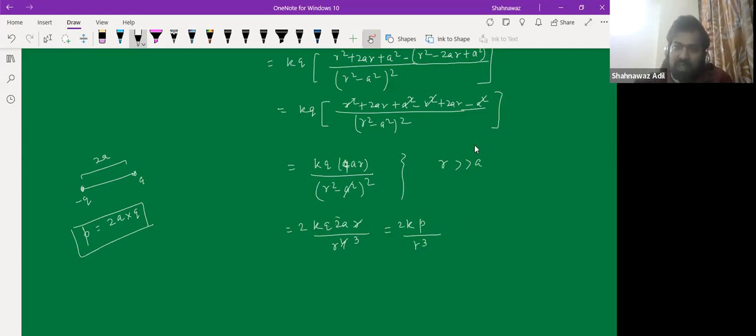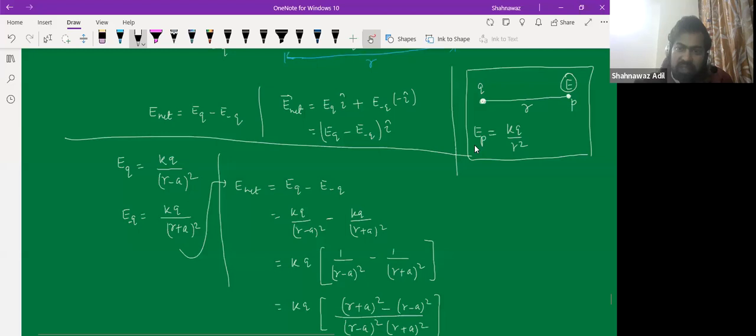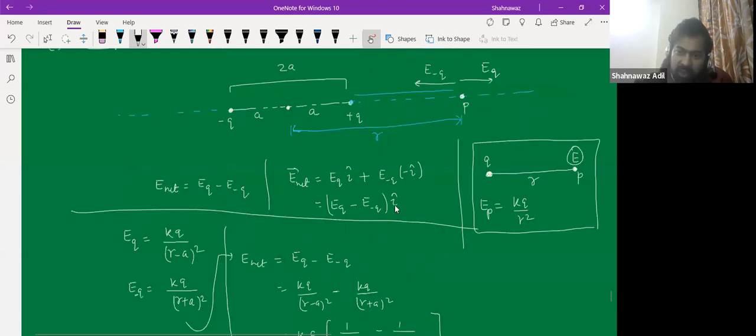Yes, sir. And we are seeing that the direction is what? It is in the direction of the dipole moment, right? The dipole moment direction is this, negative to positive. That is the direction of the dipole, right? So the net electric field is also in the i hat direction, which is the P direction.